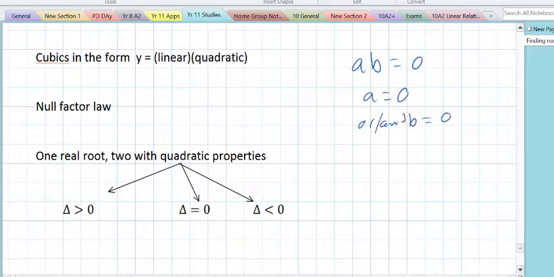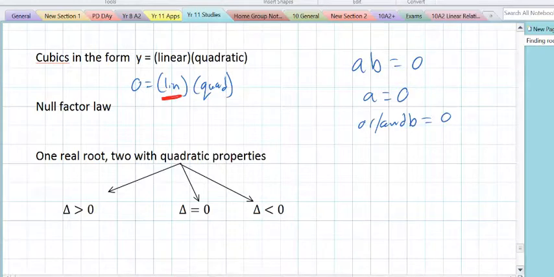So if we're looking for roots of this, where we have a linear and a quadratic, when we set y equal to 0 to search for the x-intercepts, we can say that either the linear is 0 or the quadratic is 0.